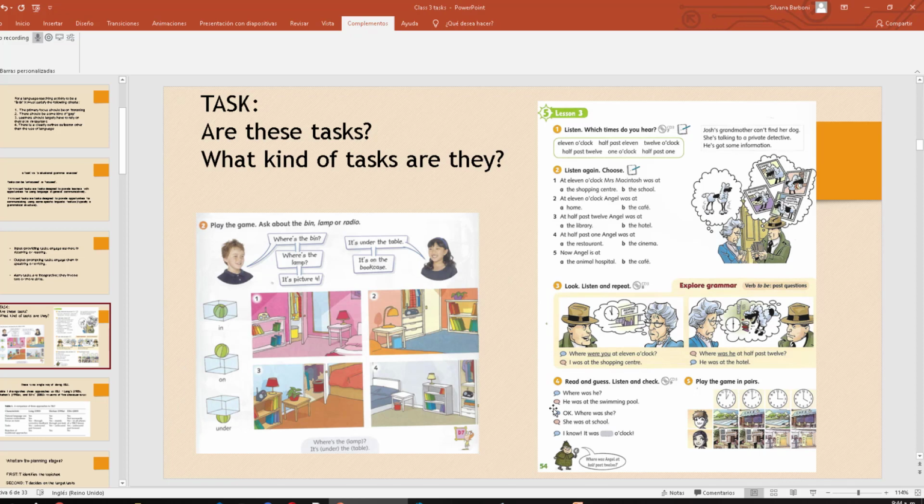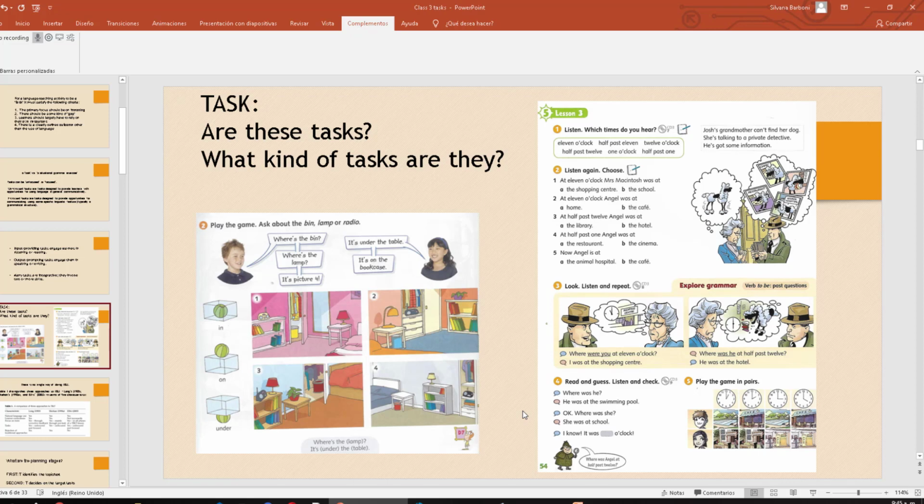Have a look at this task. It is a task that involves interaction. It is a task in which students can see 4 different pictures of 4 different rooms, and the task consists of asking and answering in a guessing game so as to find out what room our partner, our friend in the interaction, is trying to describe.